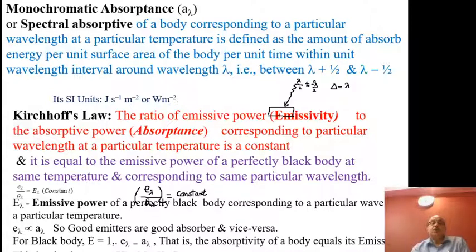And this constant is represented by capital E lambda. It is also known as emissive power. The ratio of emissivity to the absorptivity is constant and it is called the emissive power of a perfectly black body corresponding to a particular wavelength at a particular temperature.